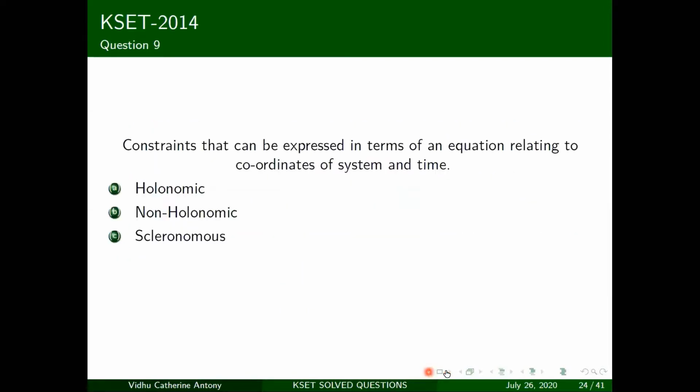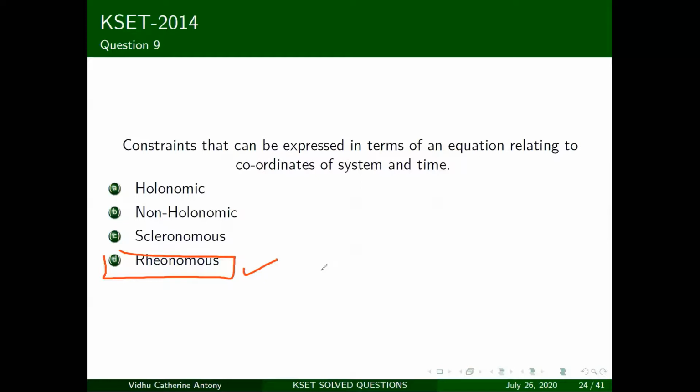We've discussed this. Now you are bound to get confused with the term reonomous, since they've said an equation relating to the coordinates of system and time, you are going to automatically tick reonomous because of the explicit time. But that's not the case.